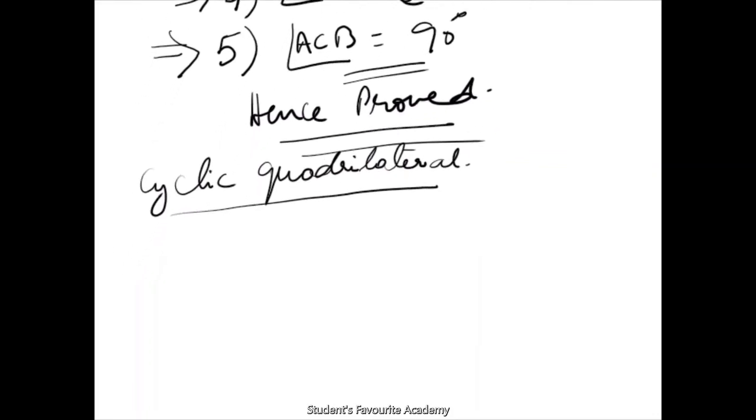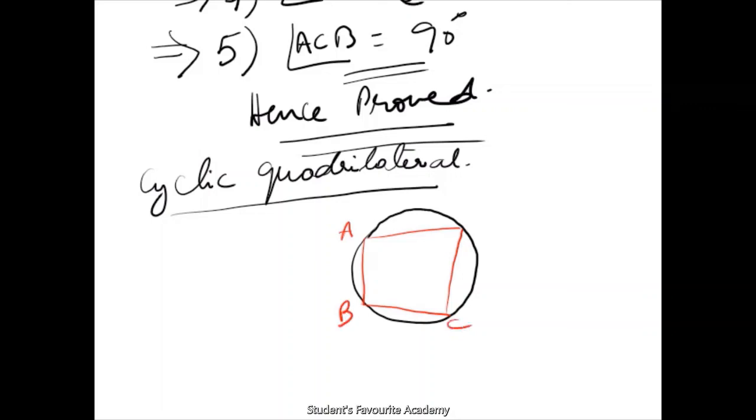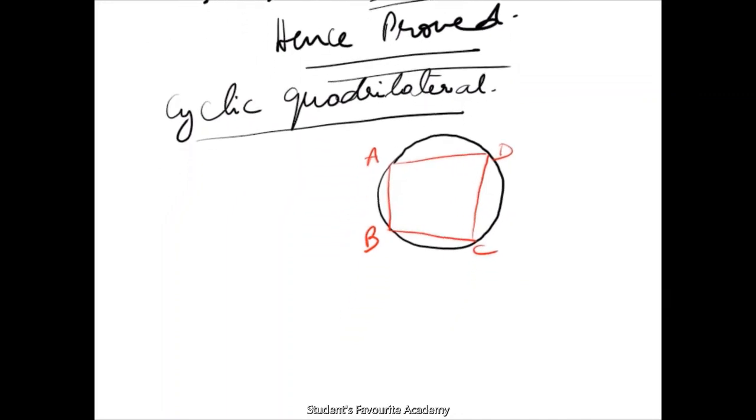Okay. Now, for example, the diagram is, suppose this is the circle, say A, B, C, D is a quadrilateral such that all its 4 vertices A, B, C, D lie on the circumference of a circle. Then the quadrilateral ABCD is called cyclic quadrilateral.